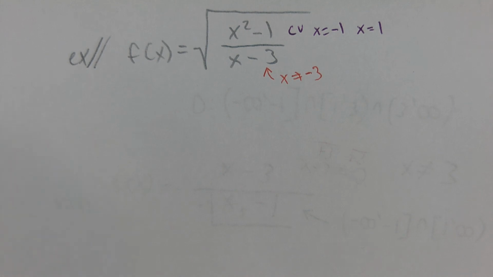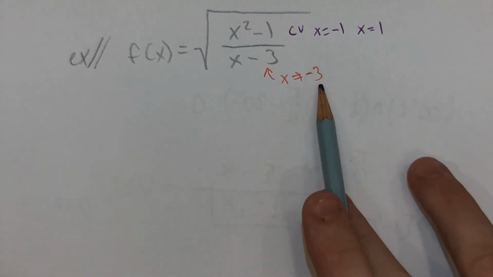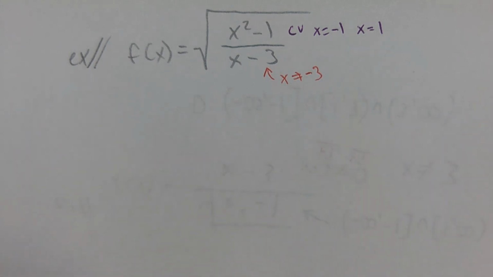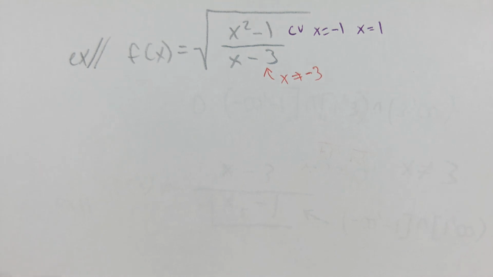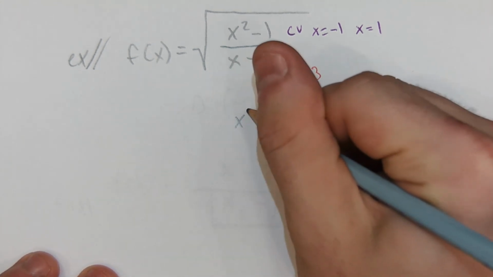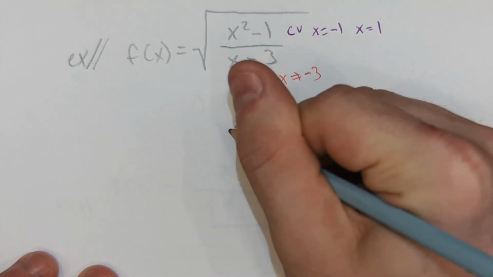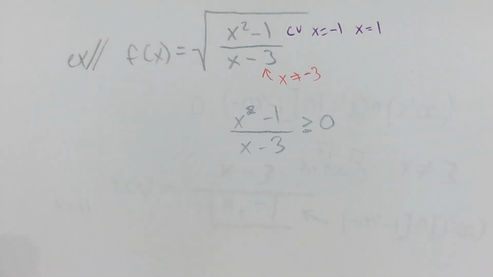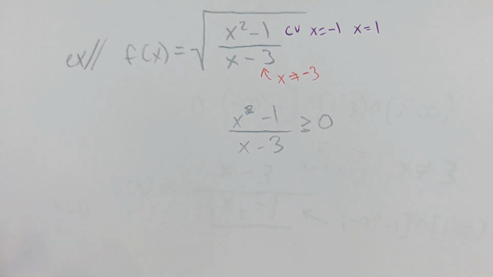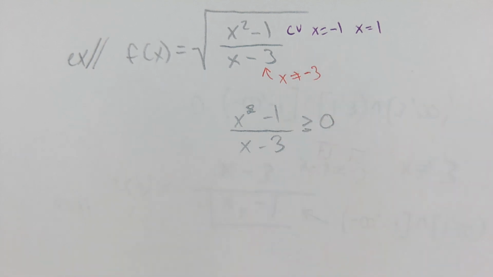So what do we do? We actually treat all 3 of these things as critical values. And we just make sure that this thing underneath the radical is greater than or equal to 0. Because that's the rule, right? And rather than trying to solve for x or anything like that, what we do is we put our 3 numbers on a sign diagram.